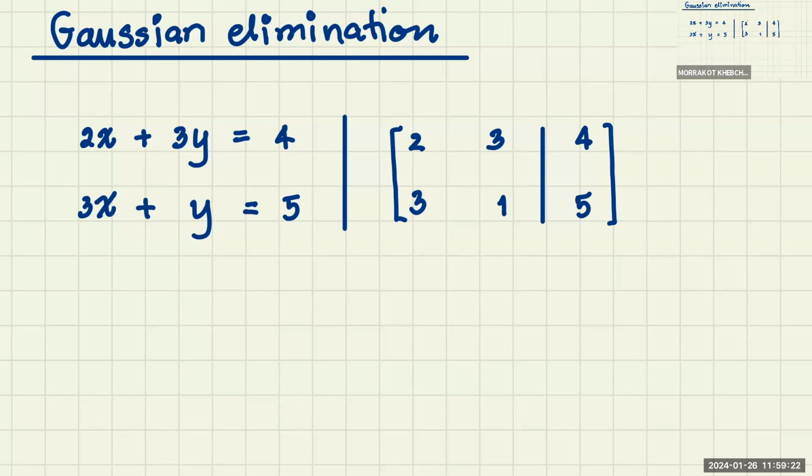I will give a name to the one in the corner. It is the main value that I want to use to make this matrix an upper triangular matrix. I call this one the pivot element.